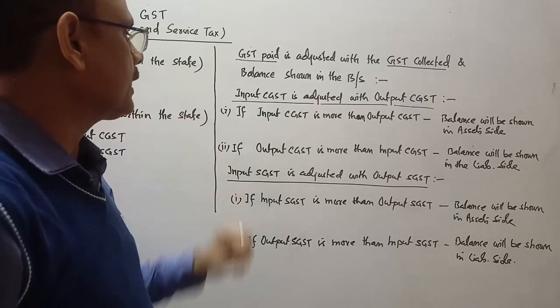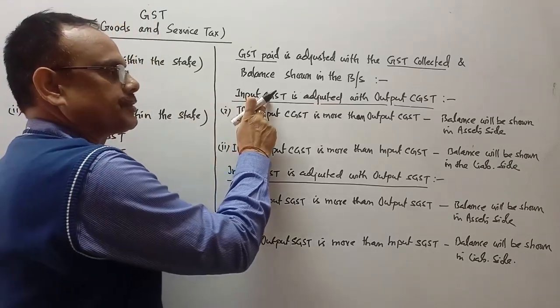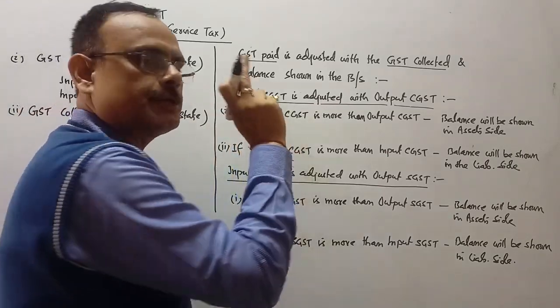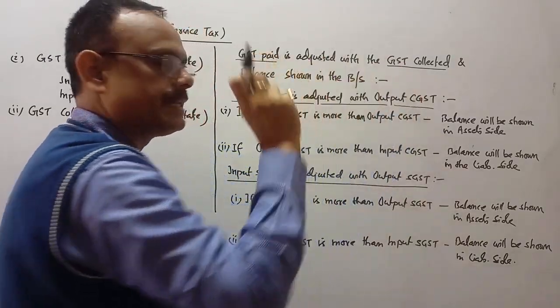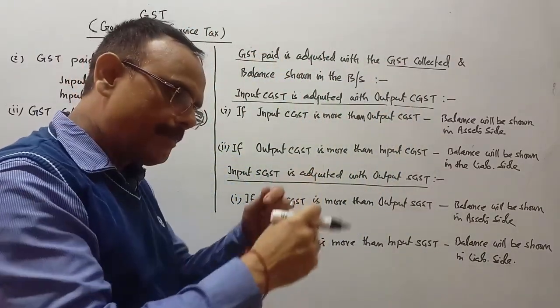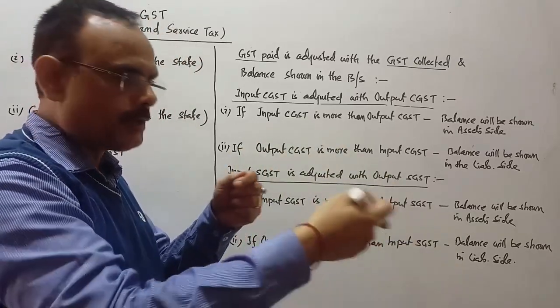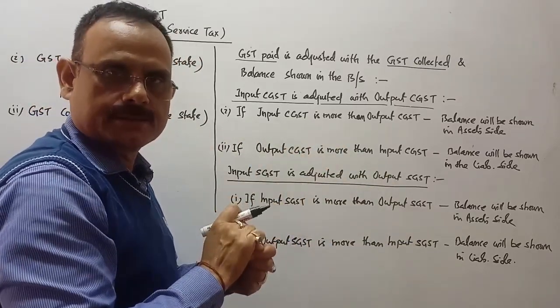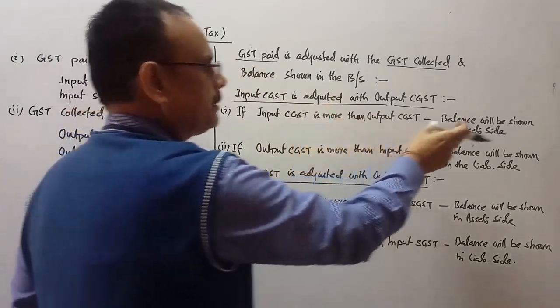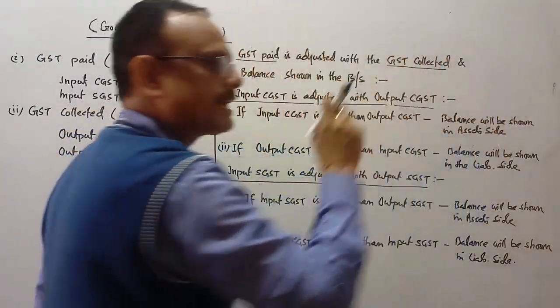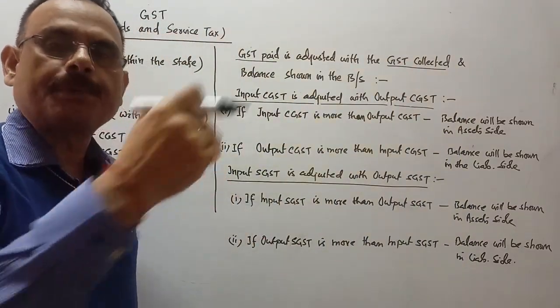Now case number 1, if input CGST is more and output CGST is less, meaning you have paid more tax and you have collected less tax, then in that case the balance will be shown on the asset side as a prepaid.